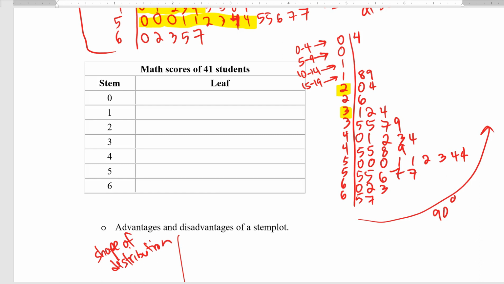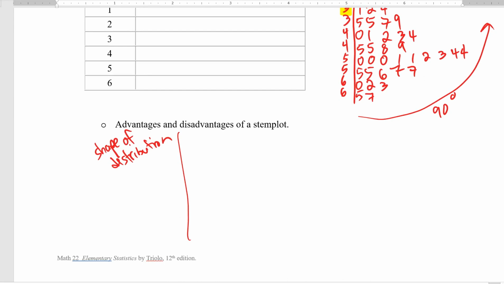Well, that's the 4. What's the highest number? 67. So I can still see the lowest and the highest number. I can also see the approximate center, and I can still see the numbers.